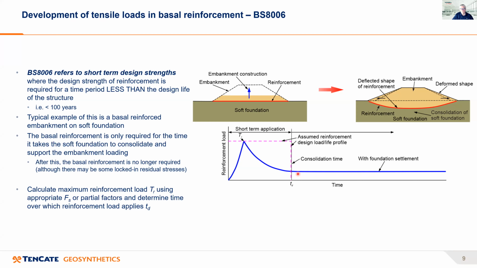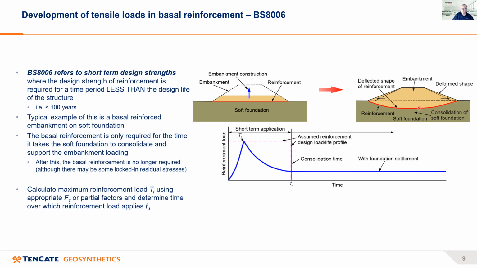Now you might well ask, if the soft foundation is carrying all the weight of the embankment, why is there still a residual tensile load in the reinforcement? Well, the reason is that while this soft soil is consolidating, the embankment is actually deforming. It deforms to a kind of shape, something like this, shown here on the right.